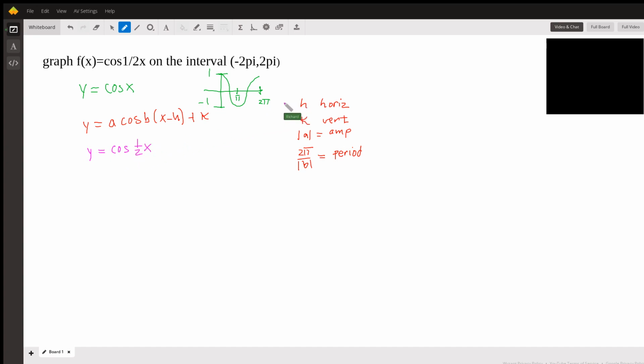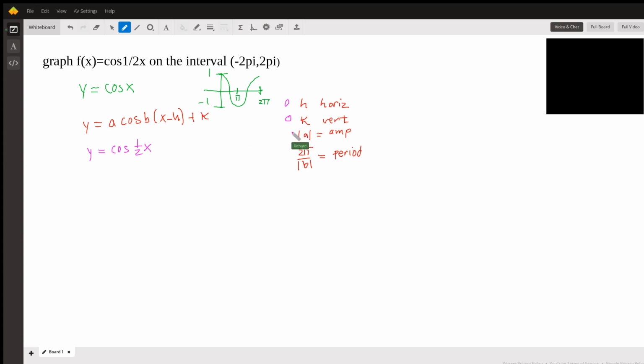And we see that h is 0 here because there's nothing being subtracted from the x or added to the x. H could be negative, in which case you'd be adding a value to the x. There's no vertical shift, so that's 0.